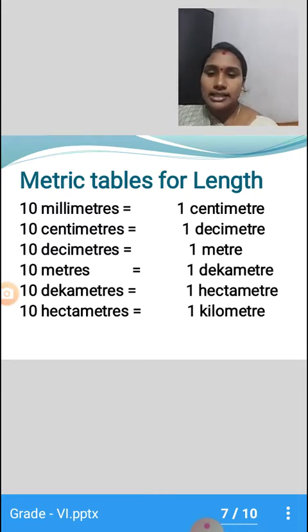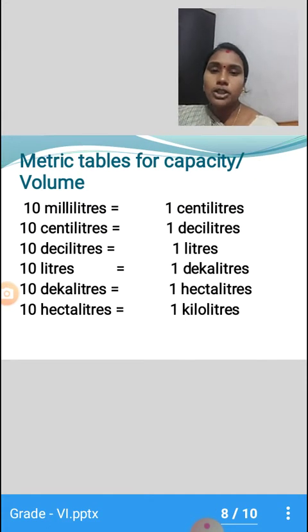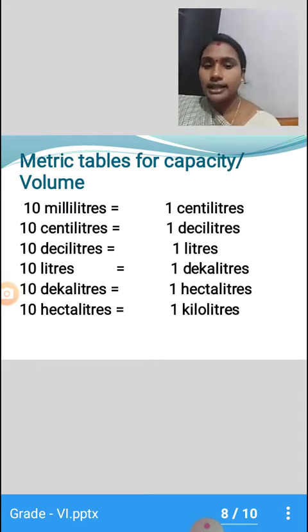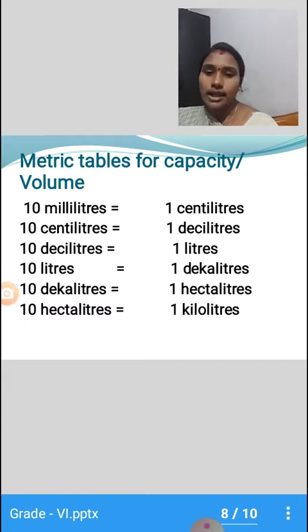Let us go to the metric tables for volume or capacity. 10 milliliters is equal to 1 centiliter. 10 centiliters is equal to 1 deciliter. 10 deciliters is equal to 1 liter. 10 liters is equal to 1 decaliter. 10 decaliters is equal to 1 hectoliter.